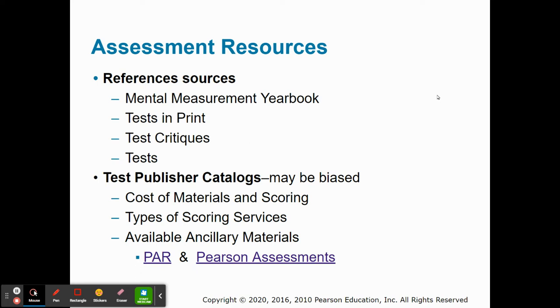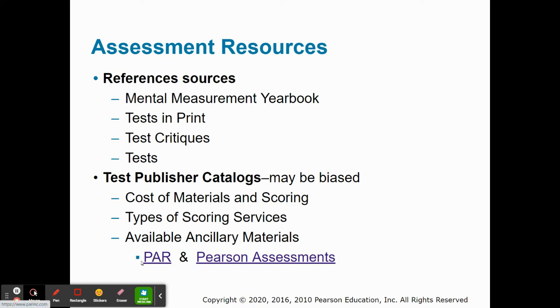We do need to understand that test publishers are in the business of publishing tests and making money. So there is a possibility they can be biased. You want to just take that under advisement as you're reading through some of the testing assessments that are available.